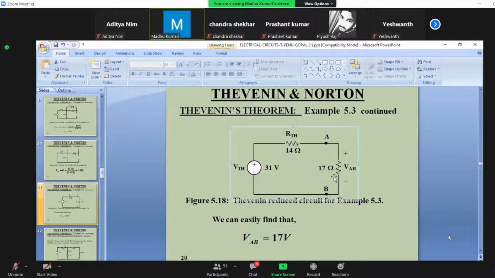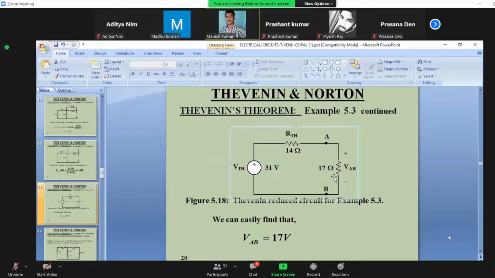Is it okay? Yes, ma'am. 31 upon 14 plus 17 means the current will be 1 ampere. The current through this network will be 1 ampere. Voltage drop across the 17 ohm is 17 volt.